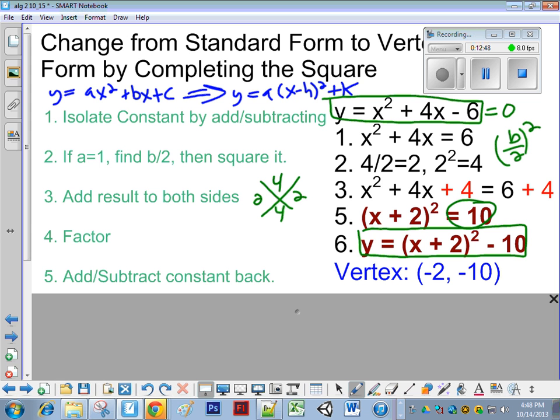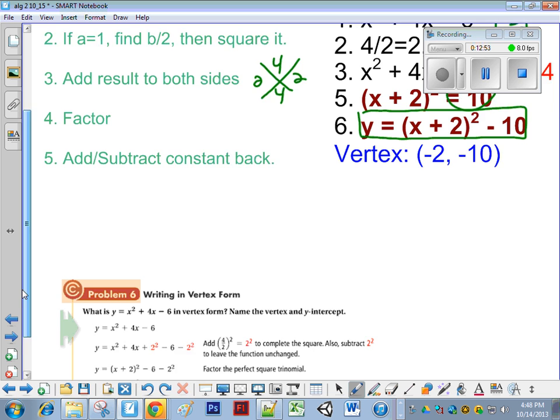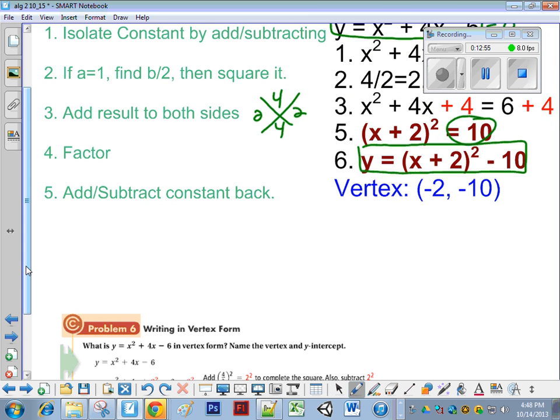Okay? All right, now there's going to be some times here where it's going to be a little bit different. And this is where we have to be a little bit careful. And let me start with a different one. y equals 2x squared minus 12x minus, let's go with 24.